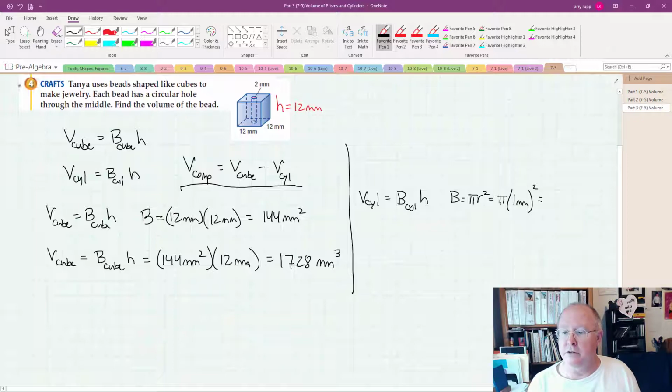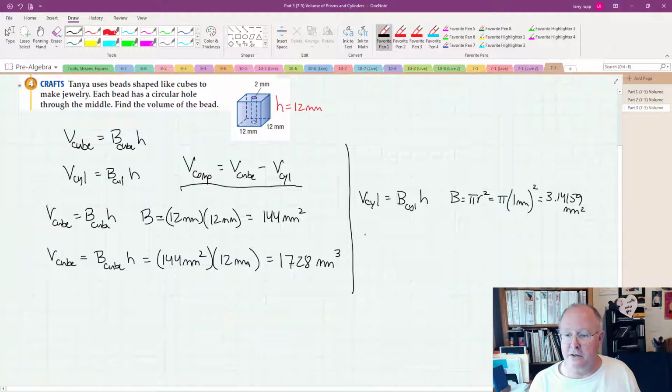So substituting 3.14159 for pi, 1 squared is 1. So you have 3.14159 millimeters squared. I'm running out of space over here. And that is our base, cylinder base.